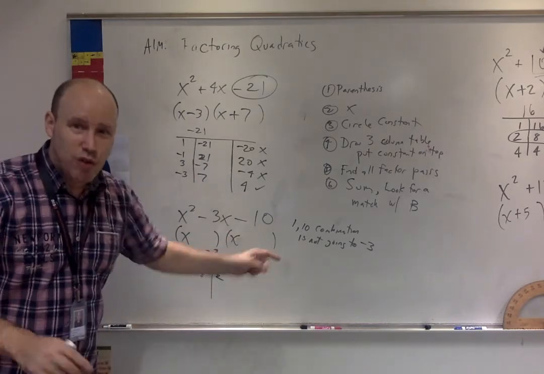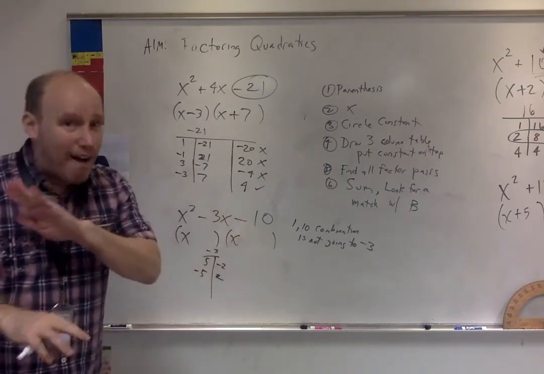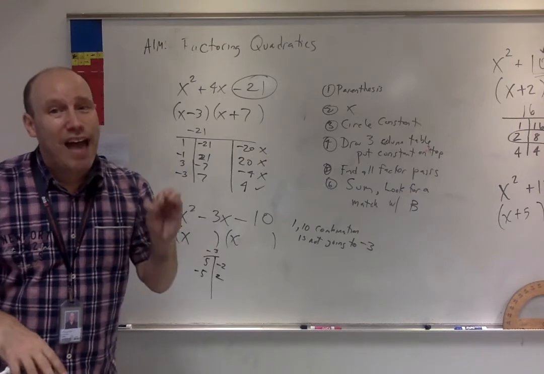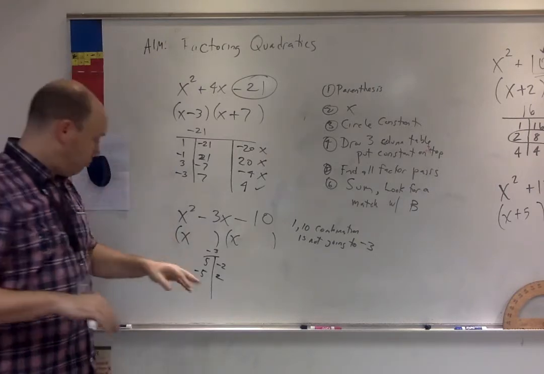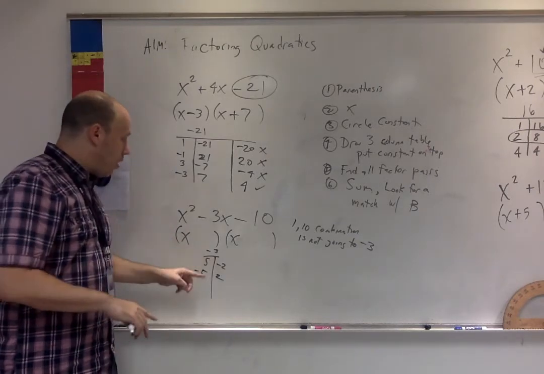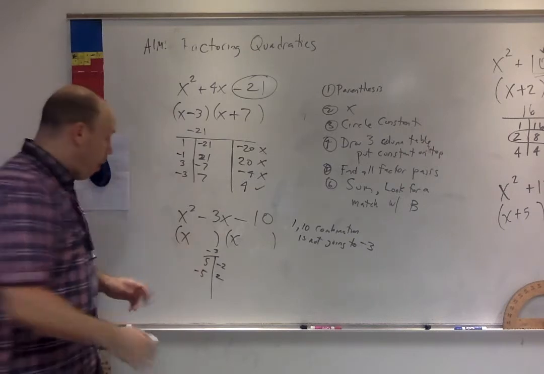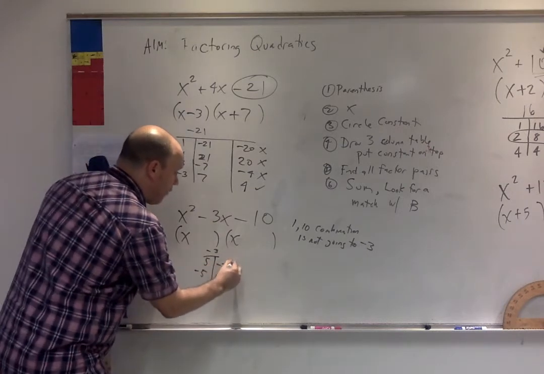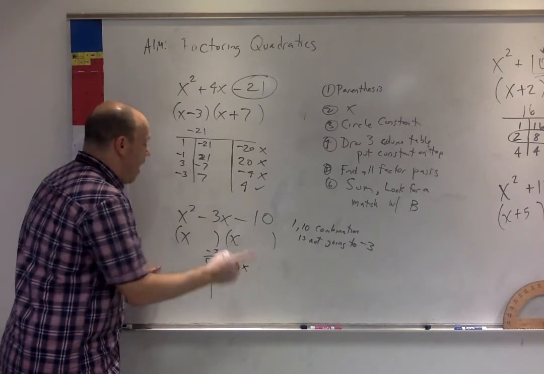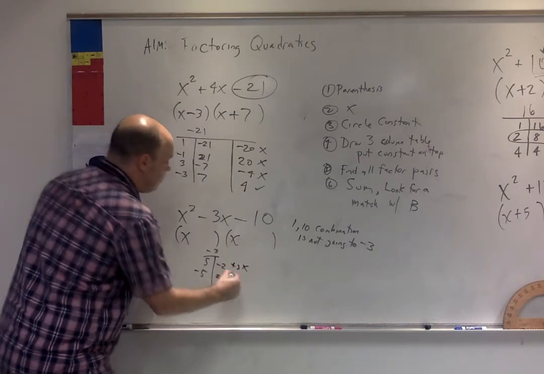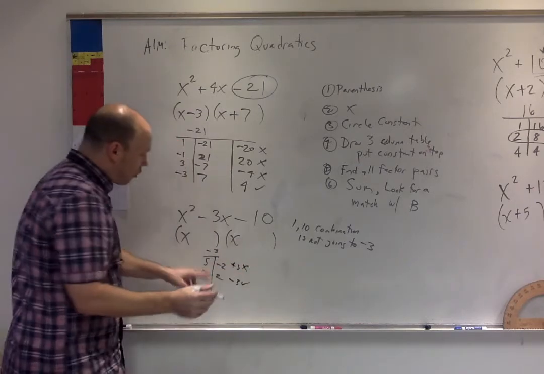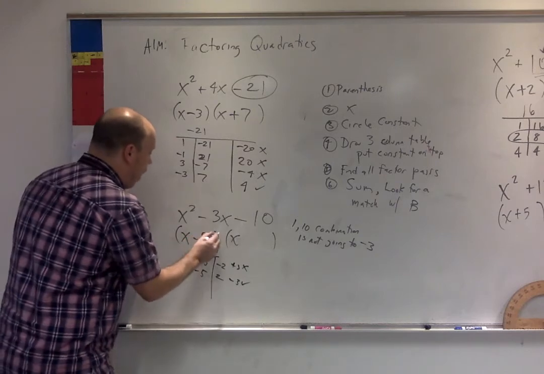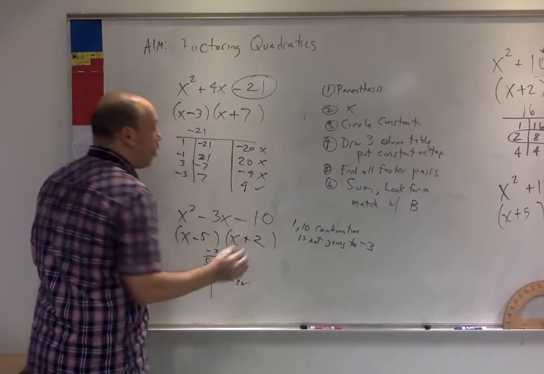You know one of those is getting you to 3, but like I say over and over again, negatives will get you. So just say, either 5 and negative 2 or negative 5 and positive 2. Well, 5 minus 2 is positive 3. No. Negative 5 plus positive 2, negative 3, that's the match I want. (x minus 5)(x plus 2).